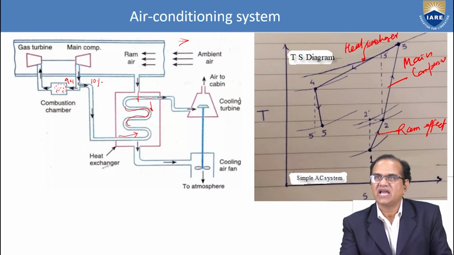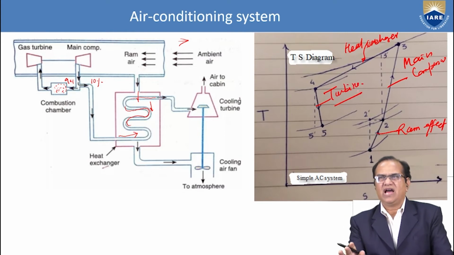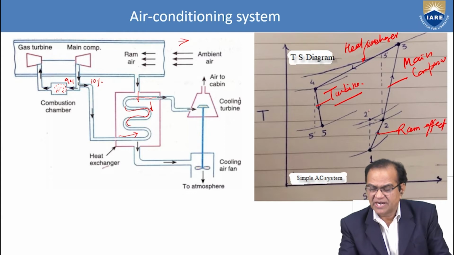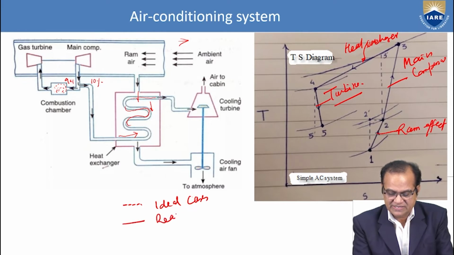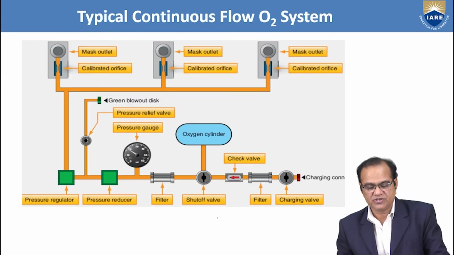This is the heat exchanger, and here we have the turbine. I have shown this here, and if you see 2 prime, 3 prime, they are the ideal cases. All the dotted lines are the ideal cases, and the firm lines are the real cases. So we have to ensure that.